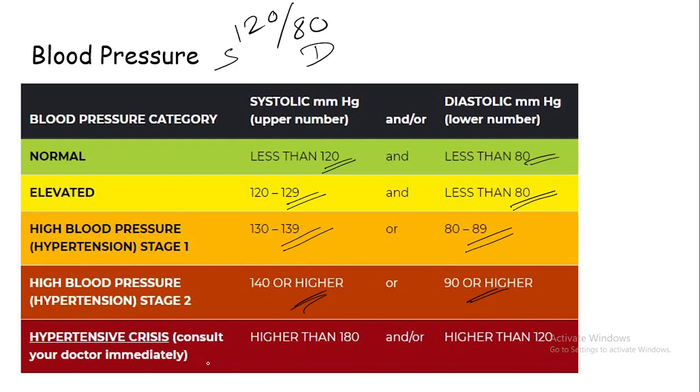Hypertensive crisis is higher than 180, which is way higher than a normal human should have, and here the diastole is 120. The pressure exerted is measured in mm Hg. The sphygmomanometer, which measures the blood pressure, gives us the measuring unit as mm of Hg. Mercury is included there.